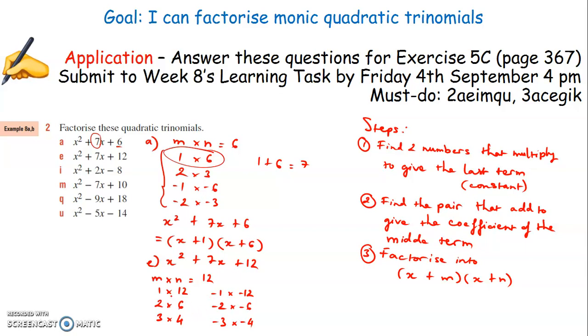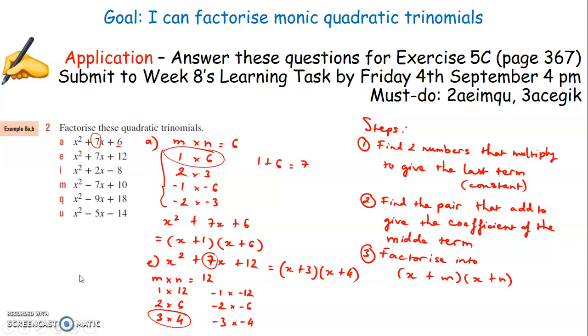The two numbers that add together to give us 7 would be this one here. To factorize, that gives us bracket x plus 3, close bracket, times bracket x plus 4 in another pair of brackets. I hope that makes sense.